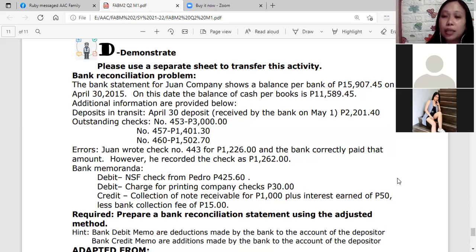In accounting, we usually use a bracket to indicate a deduction. Start using that, because in the future when you go to college, your teacher will ask you to use brackets. A bracket indicates deduction.